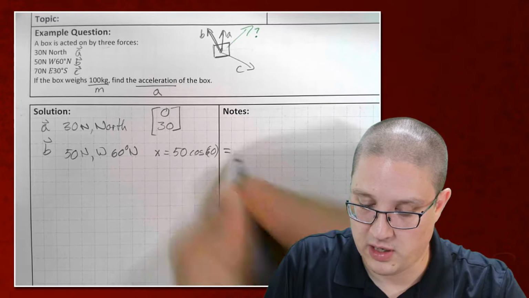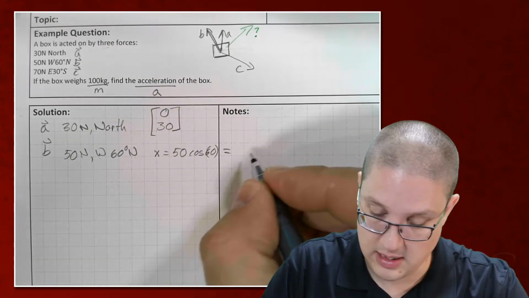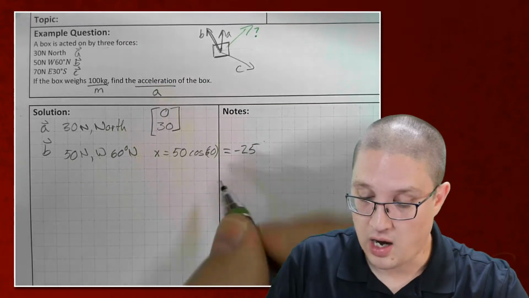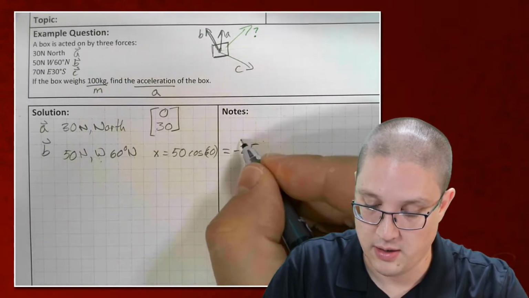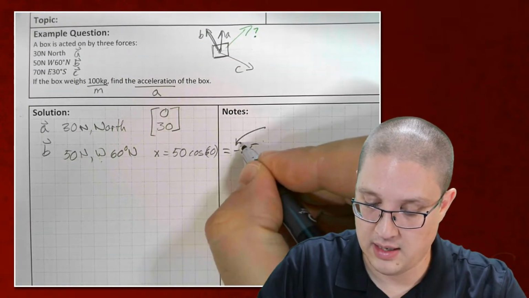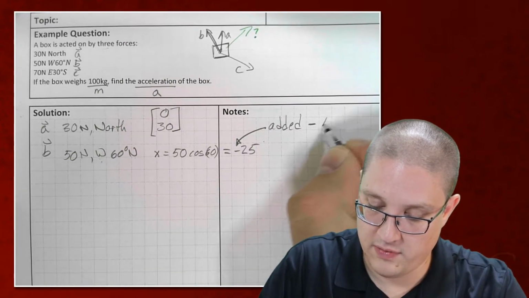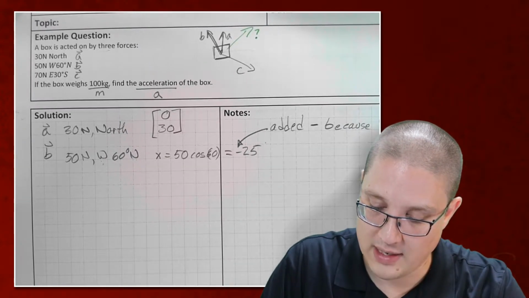And I'm going to spill over here a little bit into the notes because I'm going to need the space. And 50 cos 60 is negative 25. That works out like that. I added the negative in here because I know that I'm going west here.